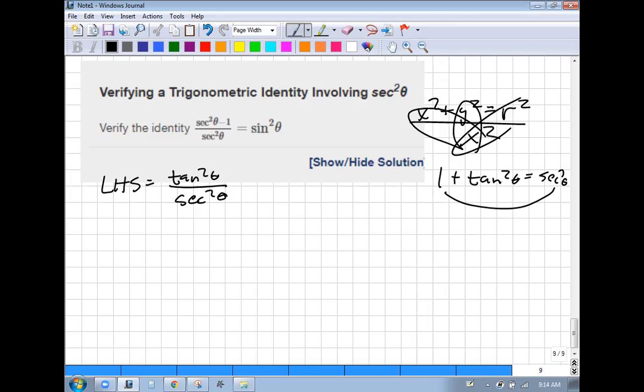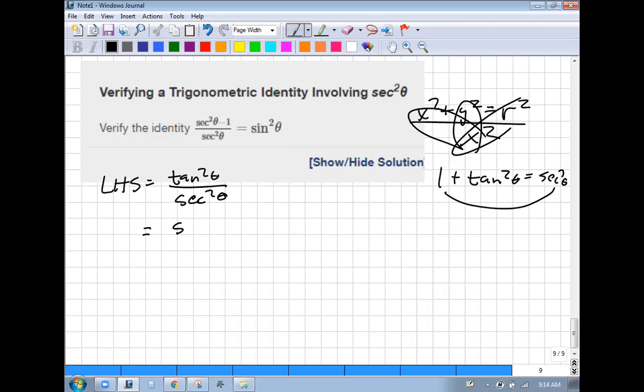All right. I don't know. Now I'm dealing with three trig functions: tangents, secants, and sines. But at this point, I'd look at this and say, well, this is a fraction and this isn't. How do I make this go away? Well, I have to get rid of this. That means I need a secant squared up here so that I can factor them. Or I could say, I'm going to change things into sines and cosines.